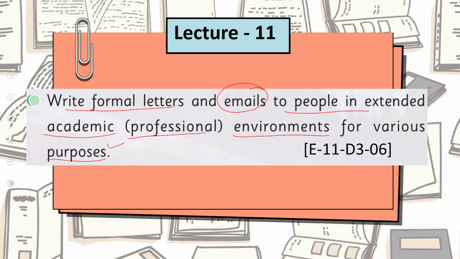Now, we know that letters are divided into two categories basically. There are formal letters and then there are informal letters. But today we are going to talk about what formal letters are, why we write them, and we will see an example of a formal letter. We will also learn the structure of a formal letter, how it needs to be structured, and how it can be academic by using formal language and academic language.